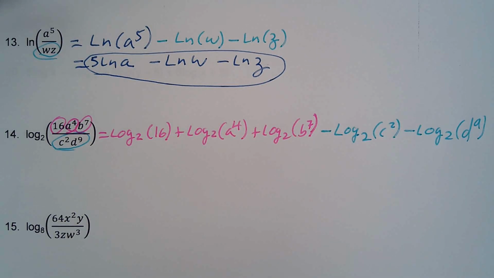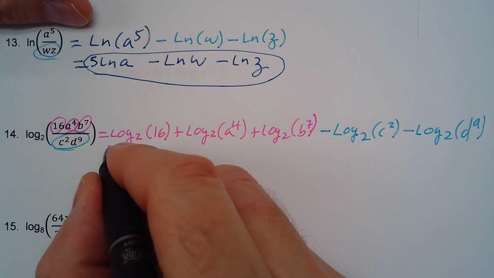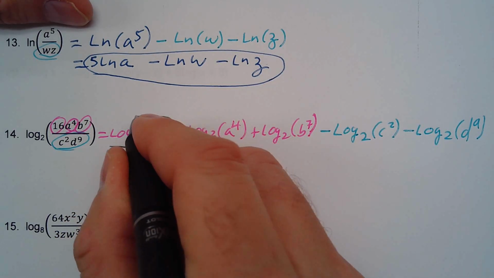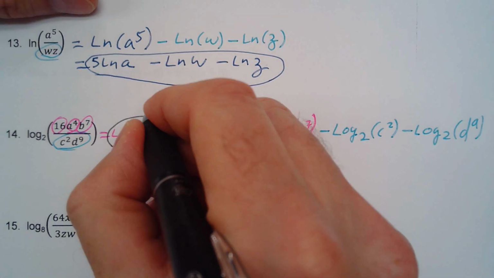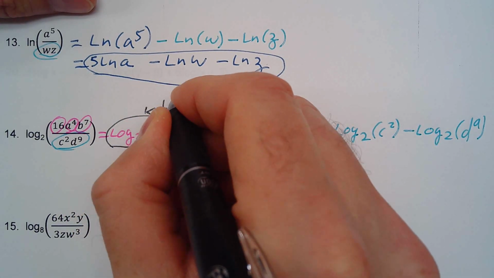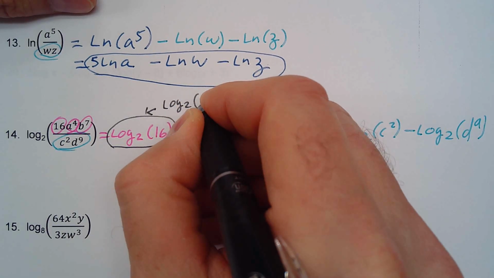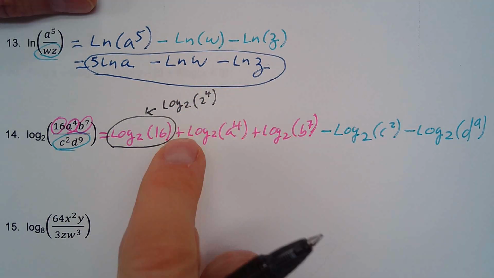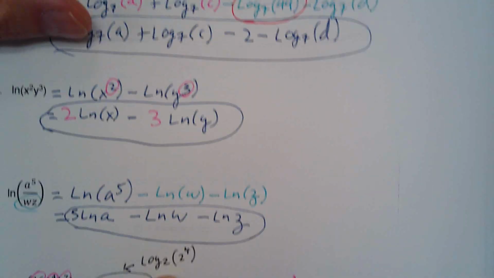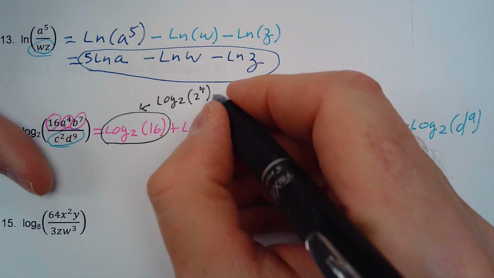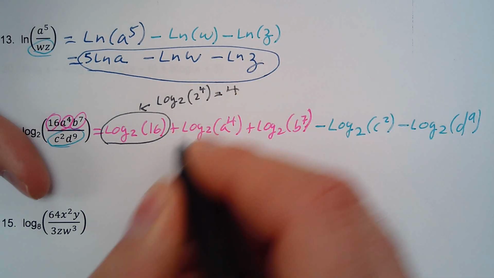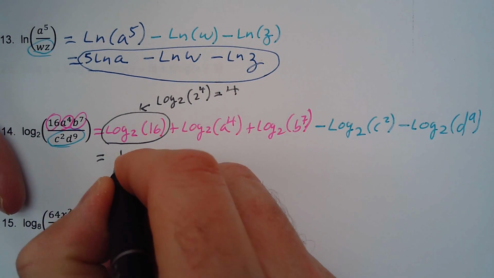Now if I take a look at this log base 2 of 16, 16 is a power of 2, it's 2 to the 4th. So composing a function with its inverse, we're just going to get a 4 for an answer. So that first part's going to be 4.